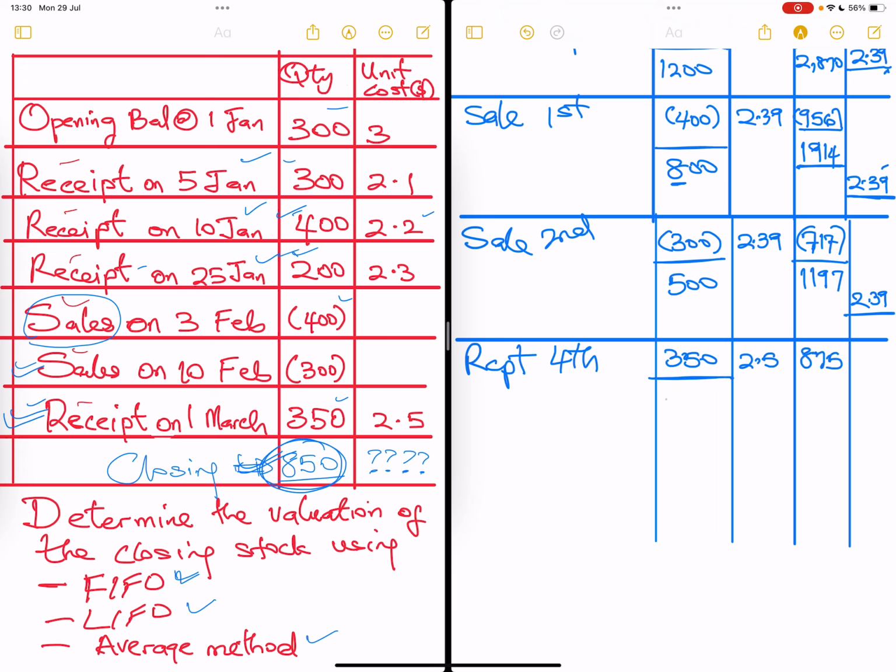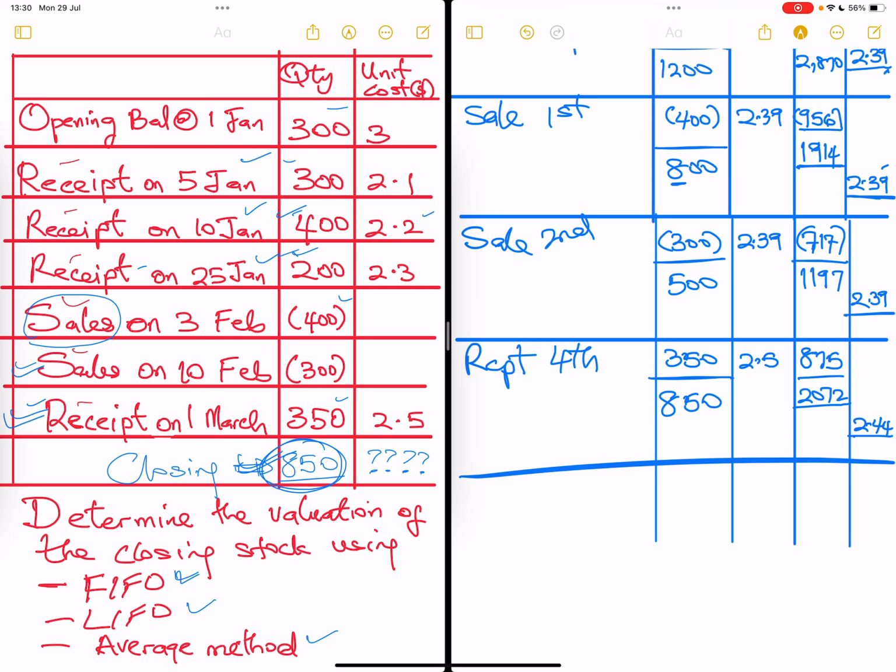So we close with 850 units valued at 1197 plus 875. That's 2072. That's $2072. But remember, your work is not over. You must do valuation after the activity. Divide by 850, and that is 2.44.